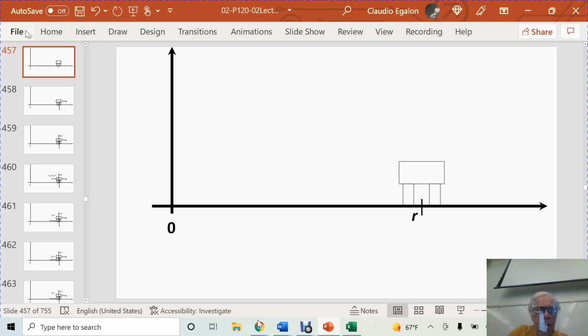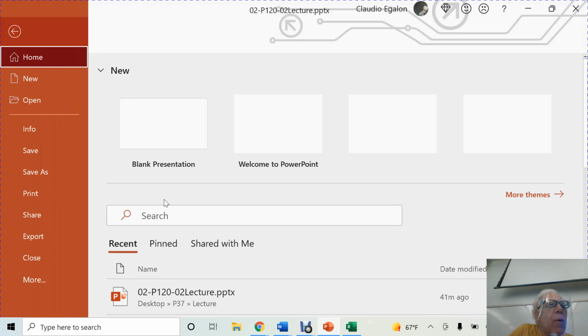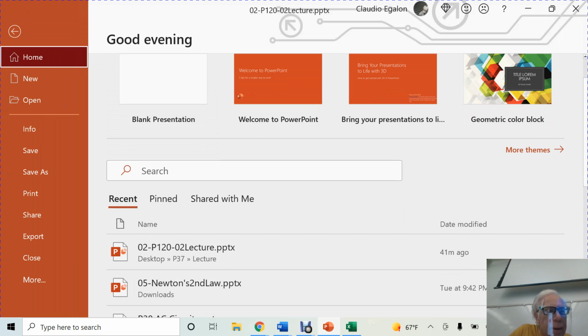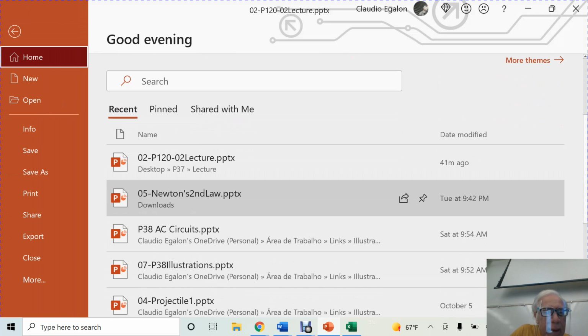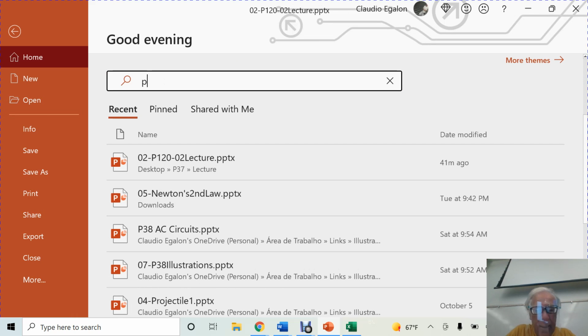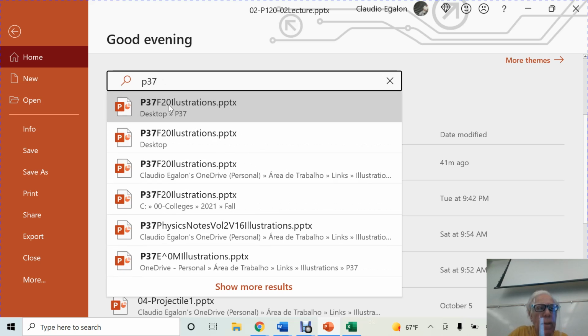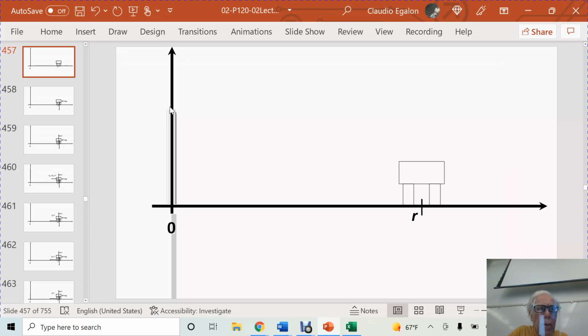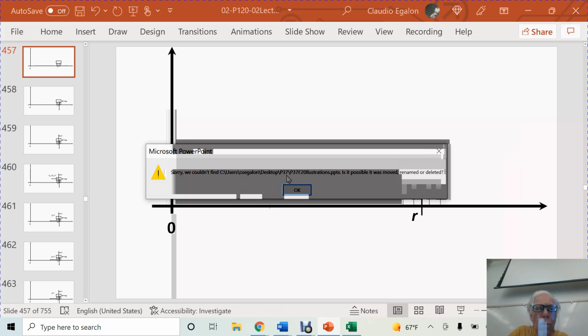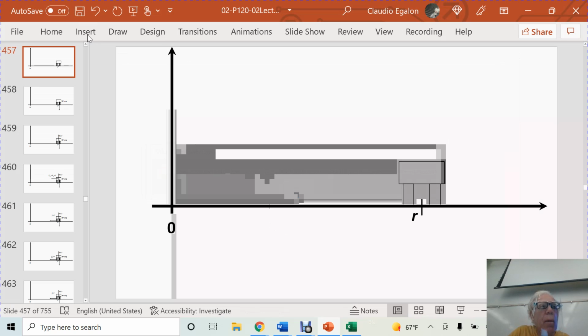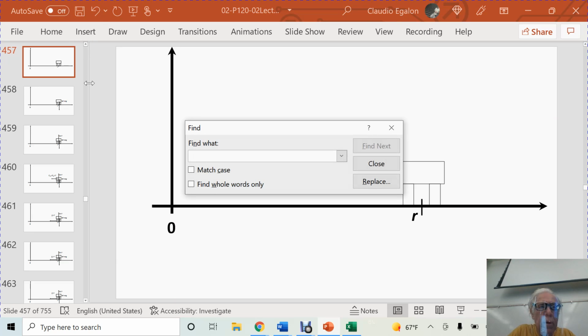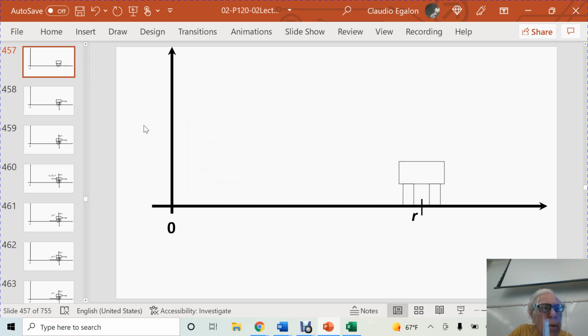So let me see if I have another PowerPoint that has this illustration. It's better if I can get it. P37. This one is P120, I want the P37. Nope. Okay, let's try another one. Nope. Let's see.